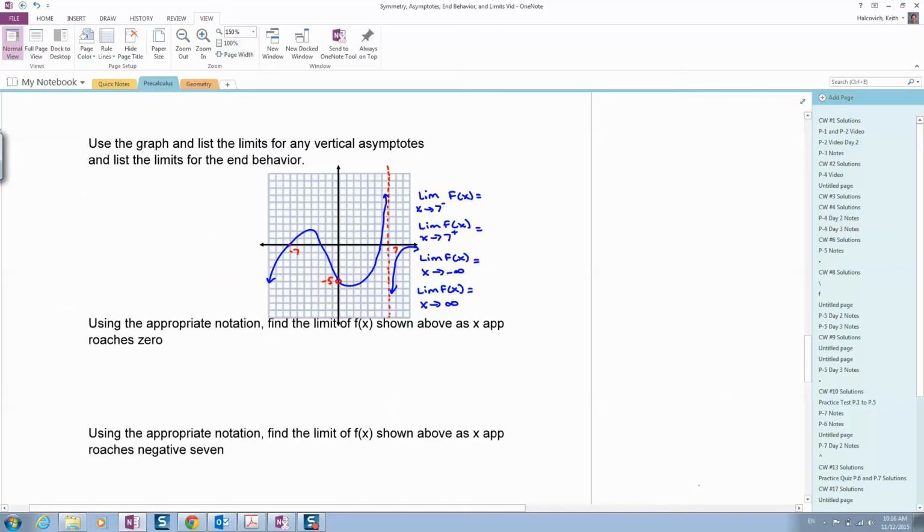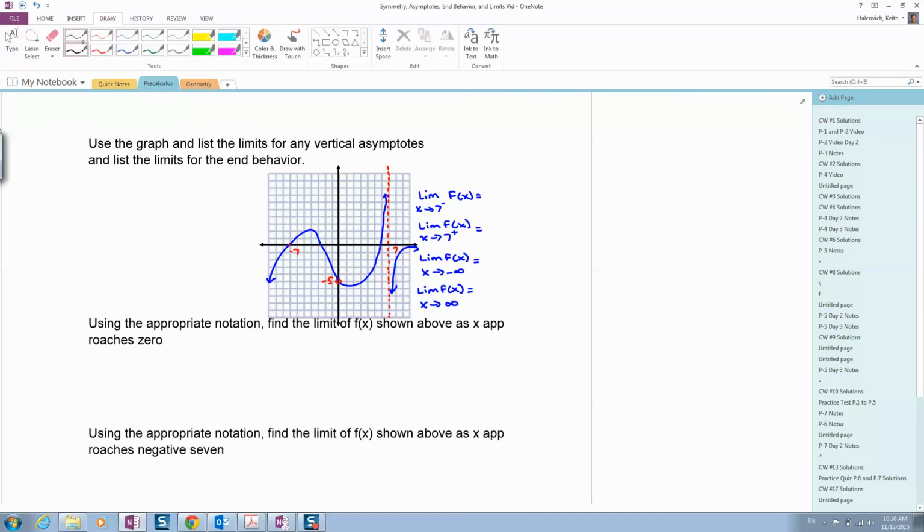Okay, so let's do some examples of limits. First of all, we're going to find the limit as x approaches this vertical asymptote at 7 from the left. So the left is over here. And if we look as it approaches 7, notice what y is doing. Y is going up and up forever. So as x approaches 7 from the left-hand side, it's going up forever.